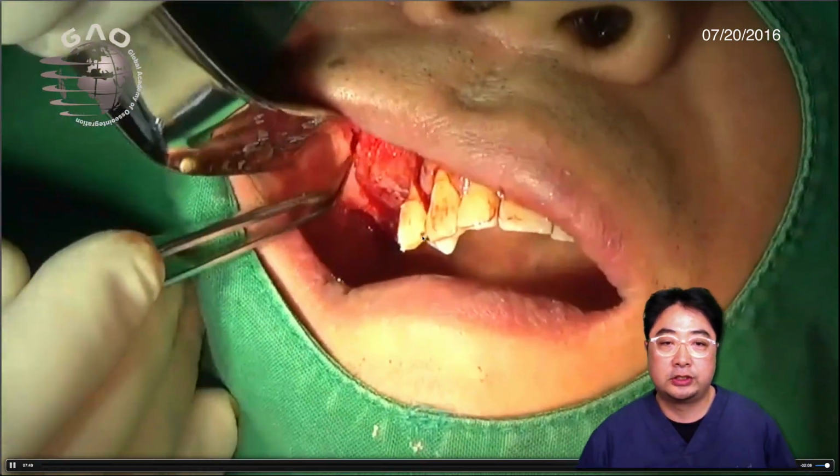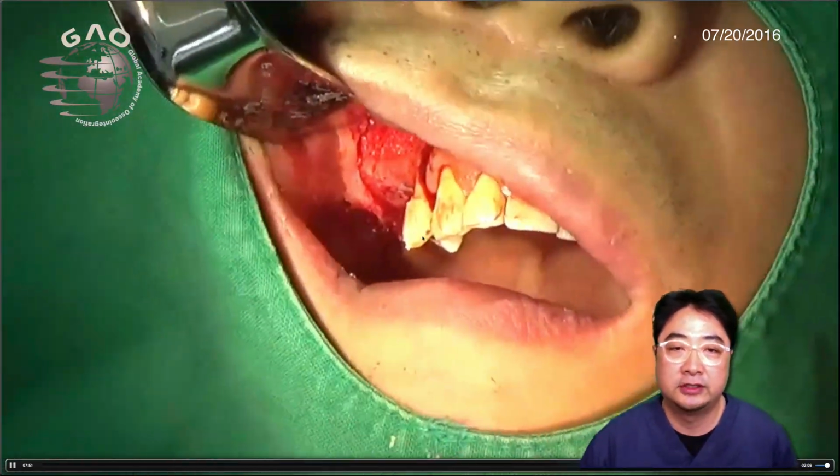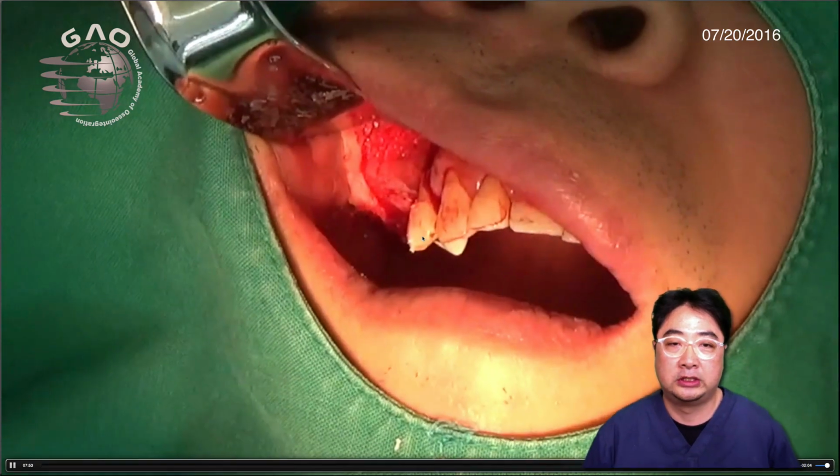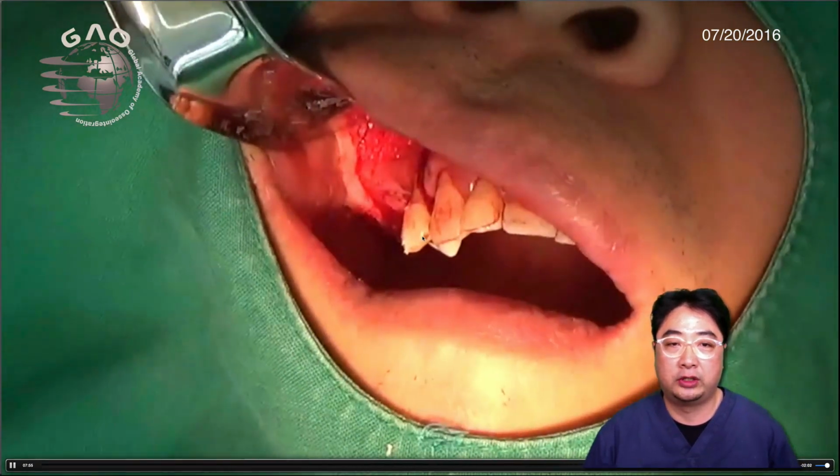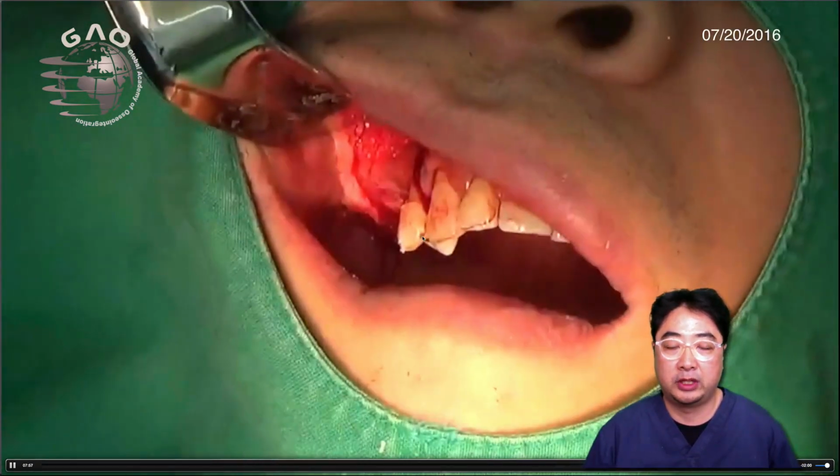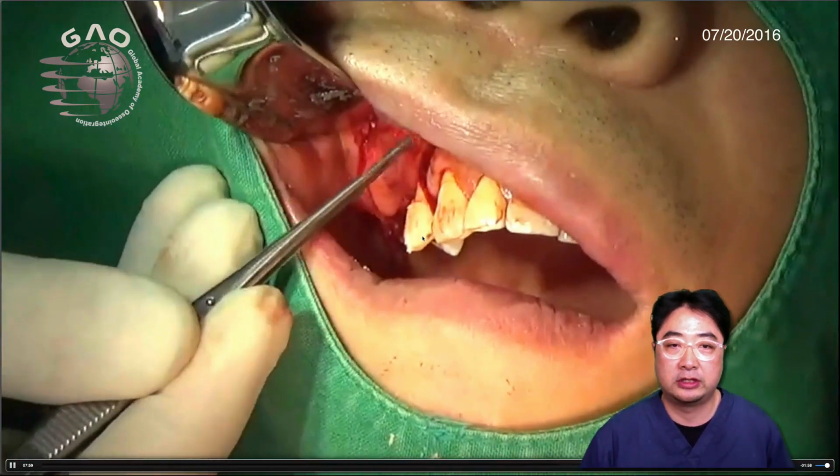Once I finish the sinus graft, I cover the window area with the PRF membrane that I prepared prior to the sinus graft.